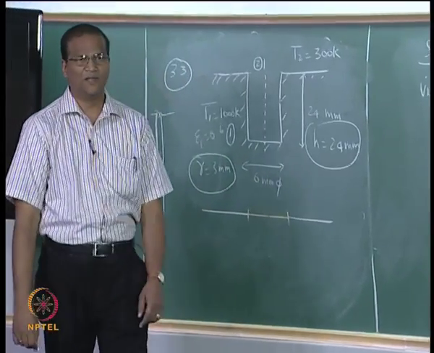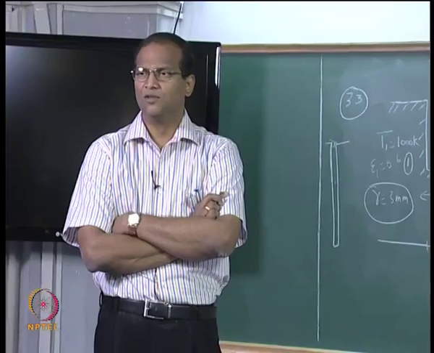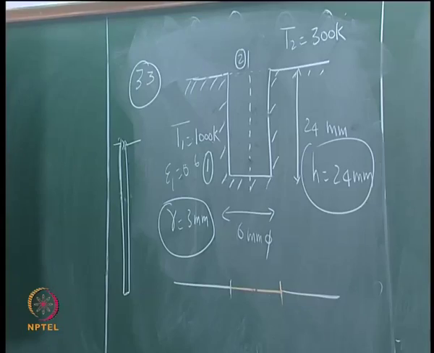So R equal to 3 millimeters, H equal to 24, correct. Pull R off, is it okay? Fine. Please tell me A1 and A2.